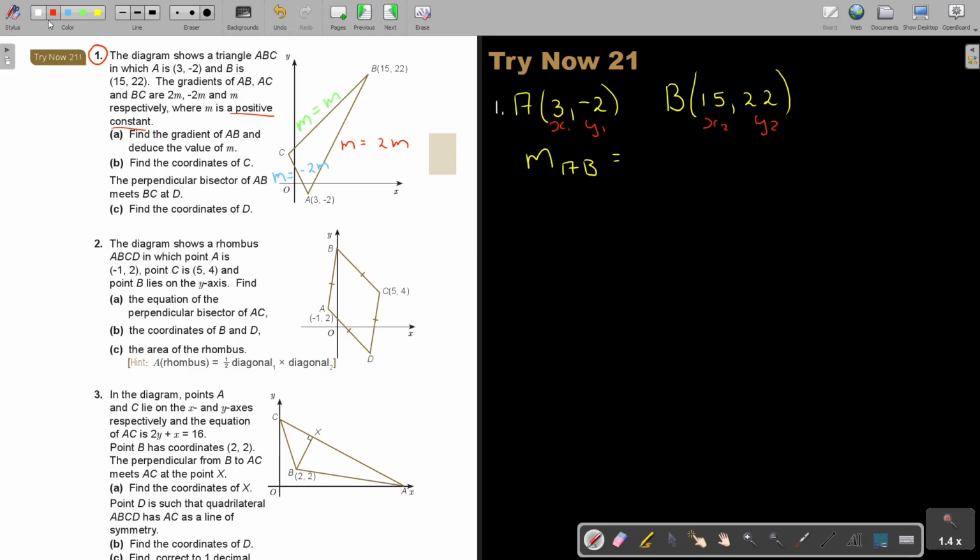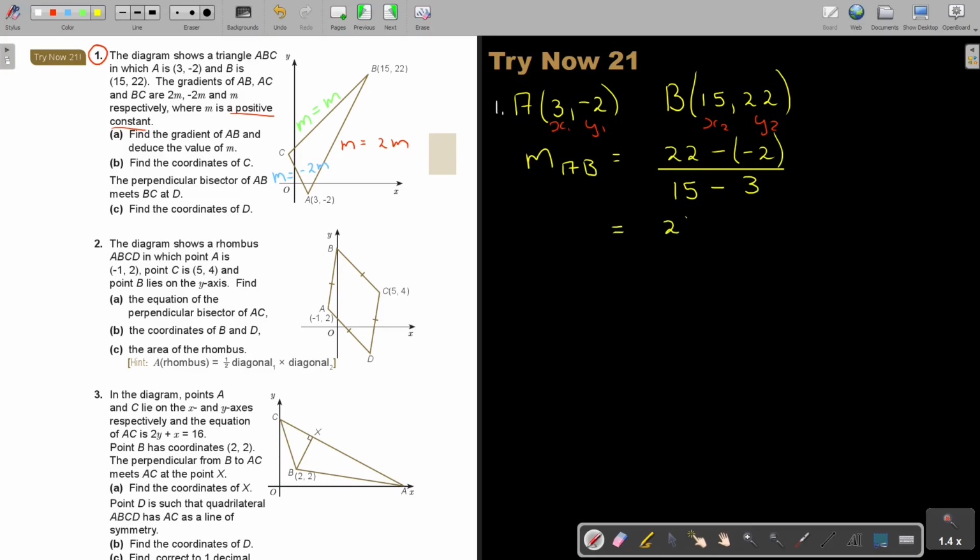The most important thing that you must always remember is to start at the same point for the y values and the x values. So it's going to be 22 minus negative 2, over 15 minus 3.